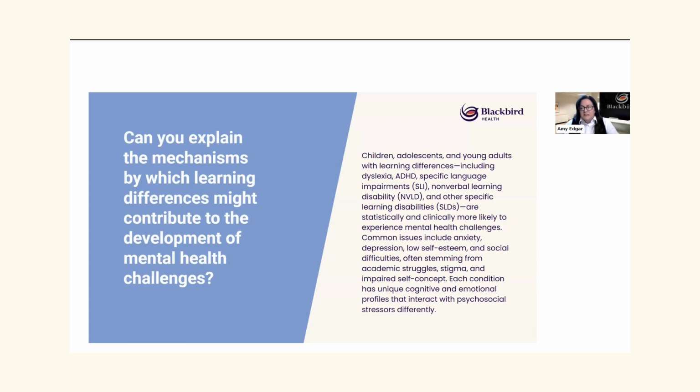You can imagine what it feels like to be a child, and we're talking K through 12, in a classroom, who wants to learn and is trying to learn, and who is experiencing difficulties like dyslexia, specific language impairments, nonverbal learning disabilities, or other specific learning disabilities. What it feels like to be sitting in that classroom. They're trying, they're motivated, they want to learn, and it's harder.